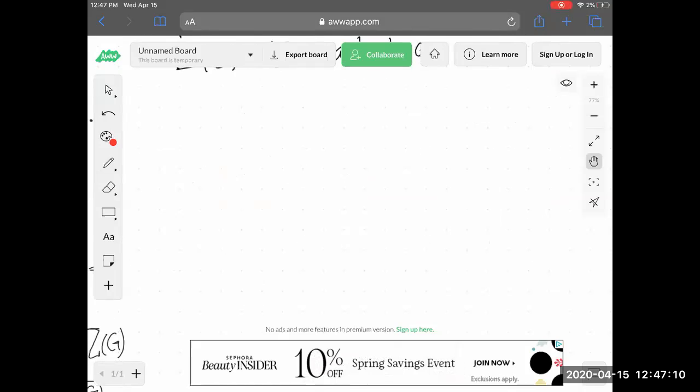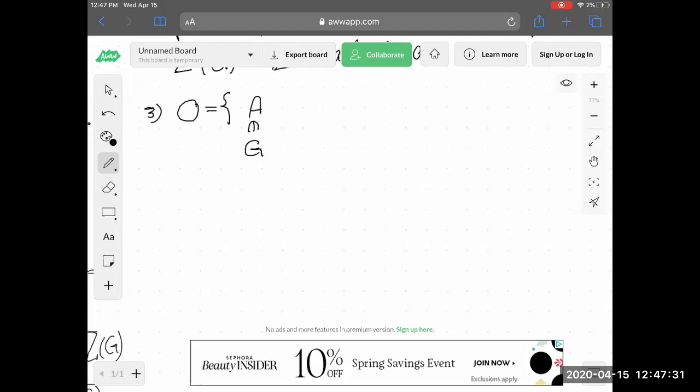Okay, is there any question here? Okay, now let's take O to be the set of elements in G, 2 by 2 matrices with non-zero determinant such that A times A transpose equals identity.